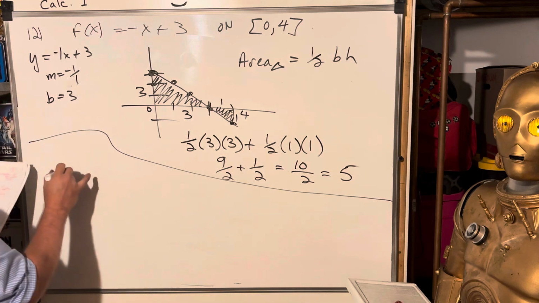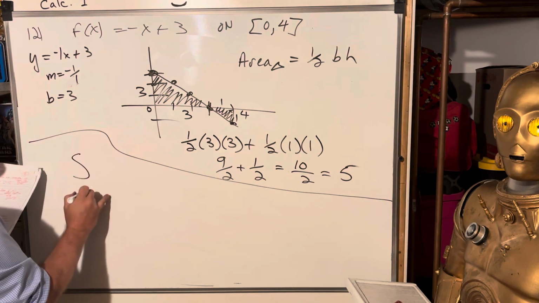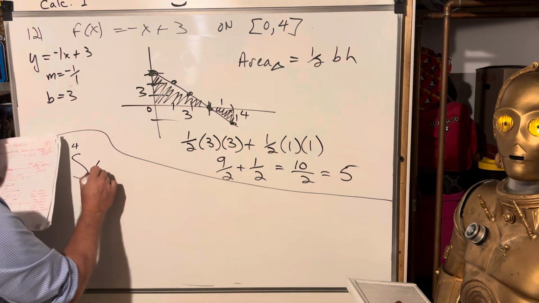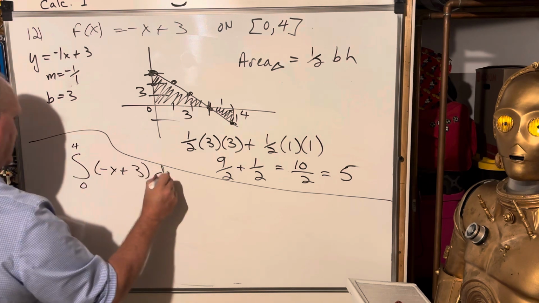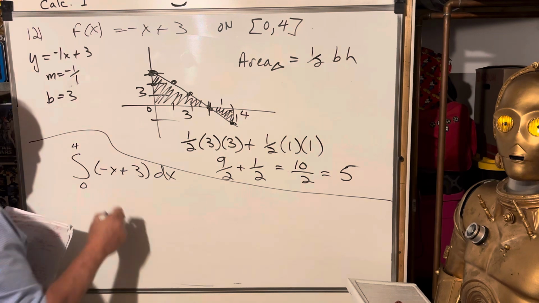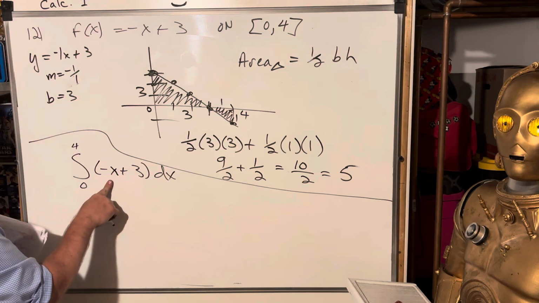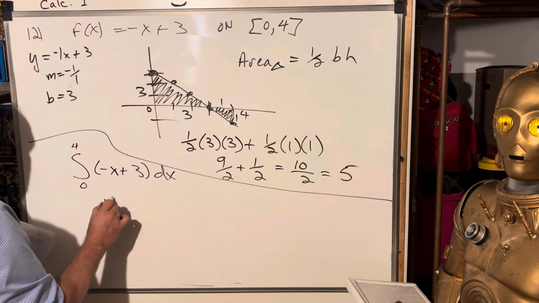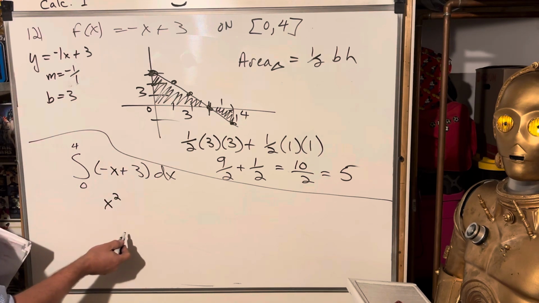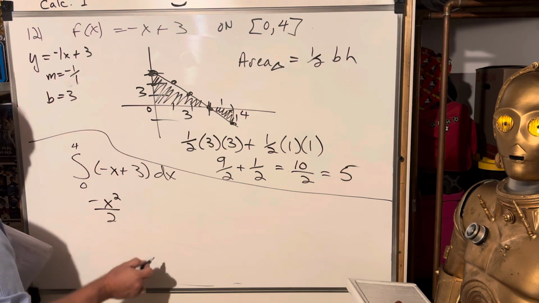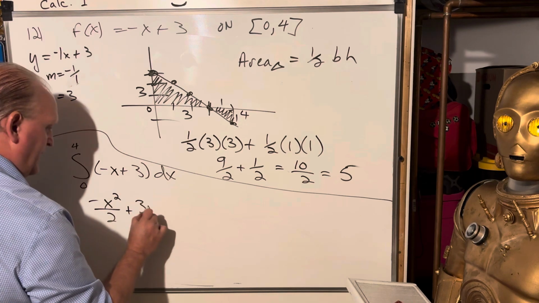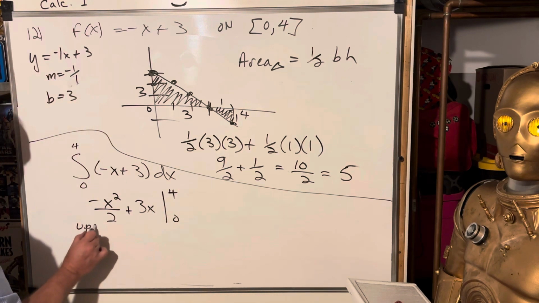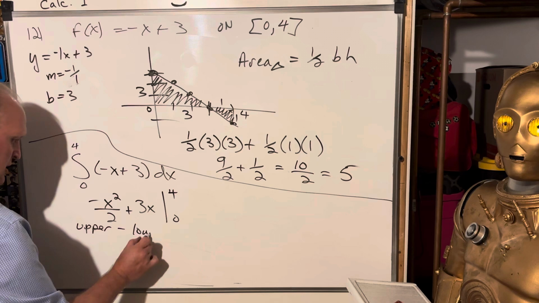We'd say, okay, if we were going to integrate from 0 to 4, the definite integral from 0 to 4 of negative x plus 3 dx, what we would do is we would say, all right, let's do the antiderivative. That is add 1, so x squared, and then divide that by 2. There's still the negative there, plus 3x from 0 to 4. And then you'd say upper minus lower.